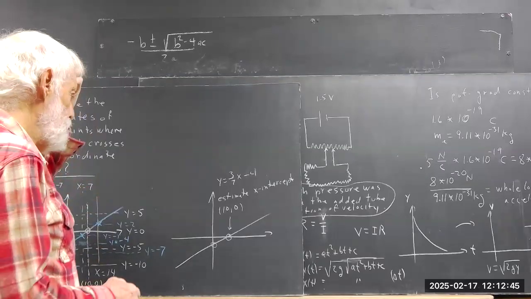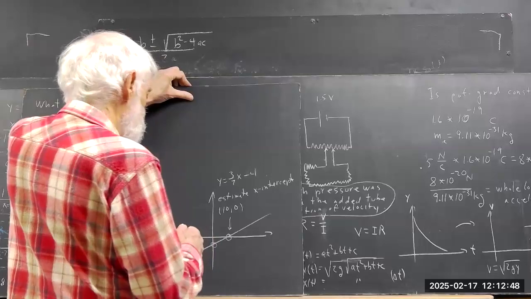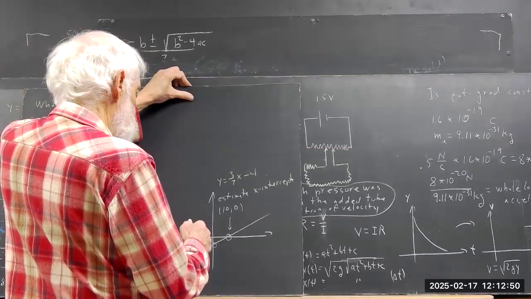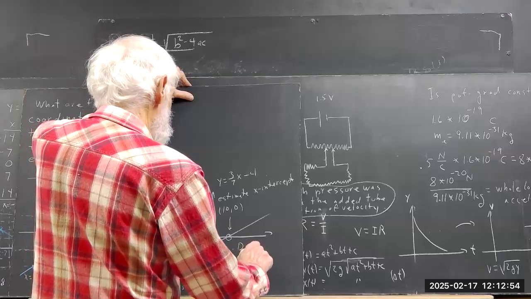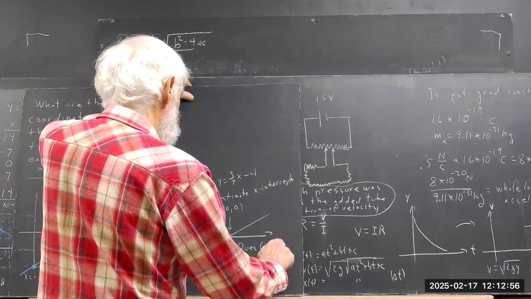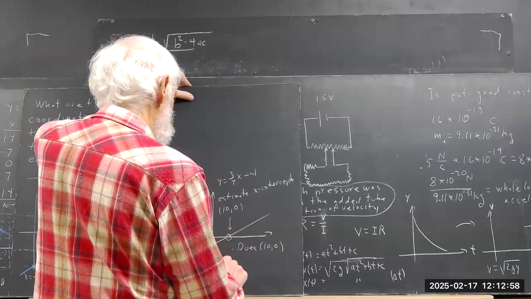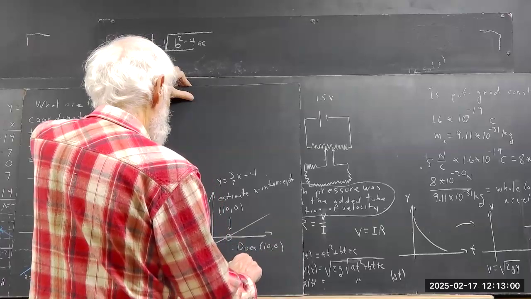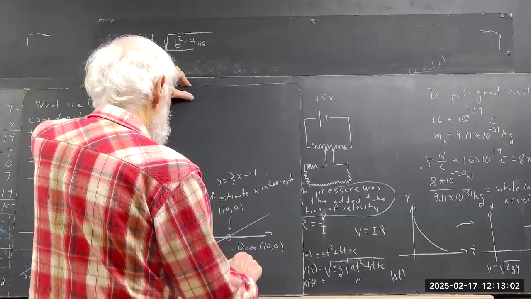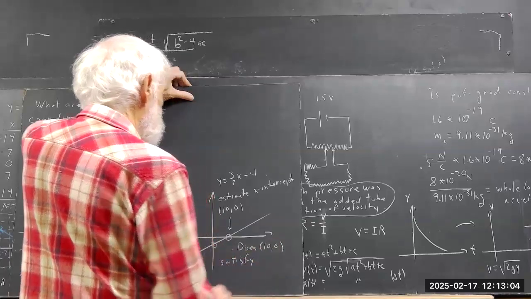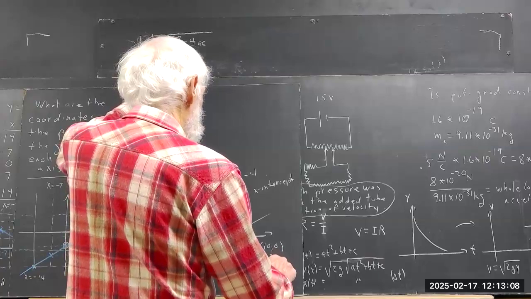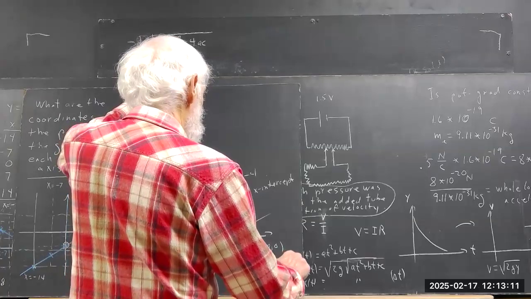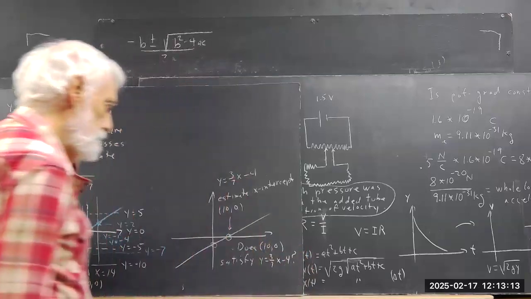Okay, now we ask the question: does 10.0 satisfy y equals 3/7 x minus 4?